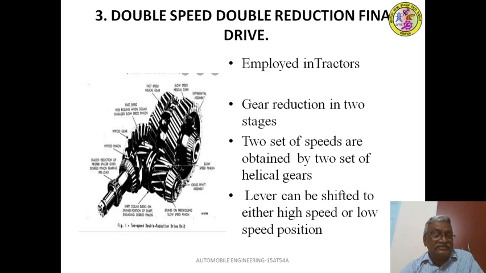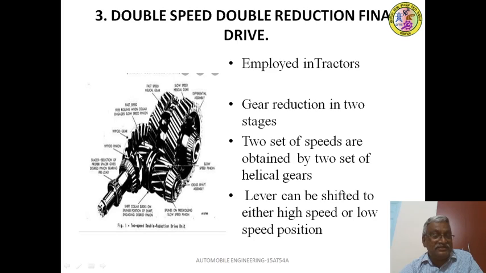So in this case, the driver has to shift the gear. When he shifts this fork to the left side, then this pinion of somewhat larger size will be engaged with the stub shaft.